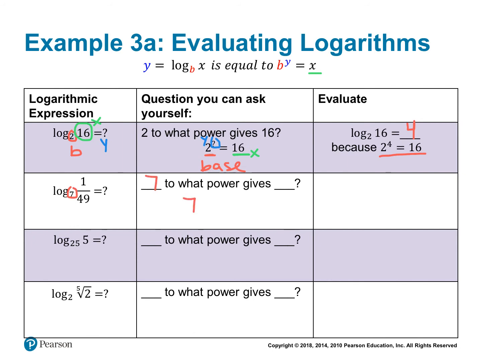So 7 to what power, because this is our x, so we don't know that, gives 1 over 49.